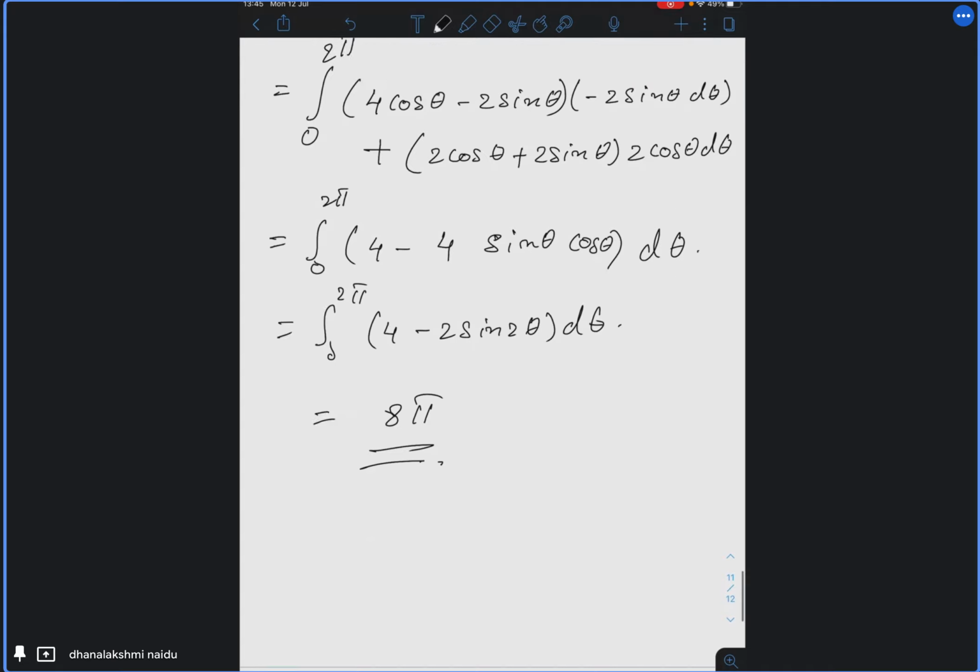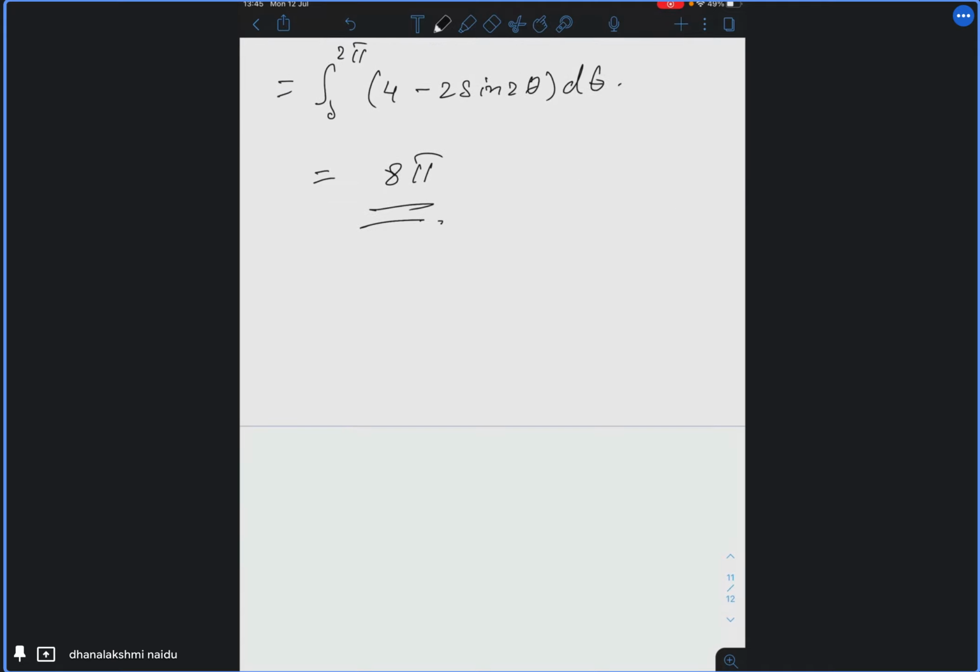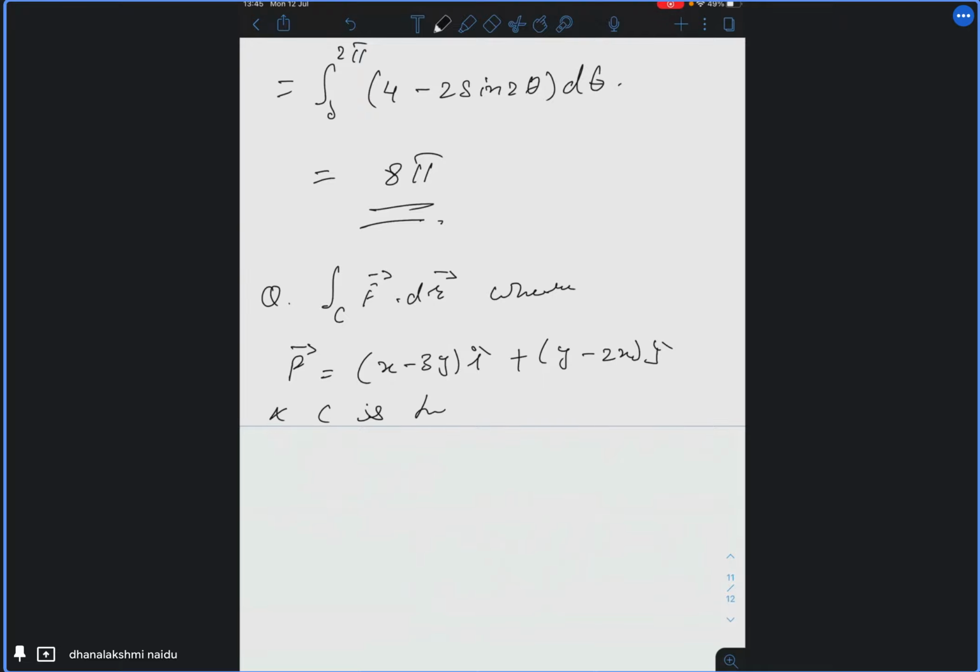Okay, try this problem. Evaluate the line integral of F bar dot dr bar, where F bar is defined as (x minus 3y) i plus (y minus 2x) j, and C is the closed curve in the xy plane.